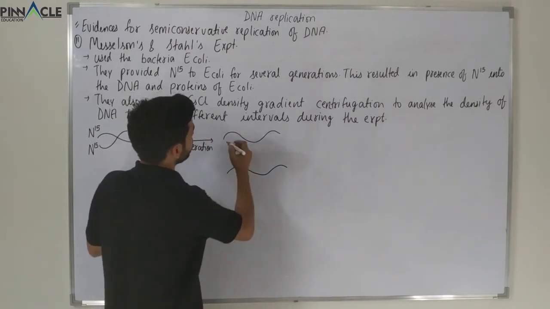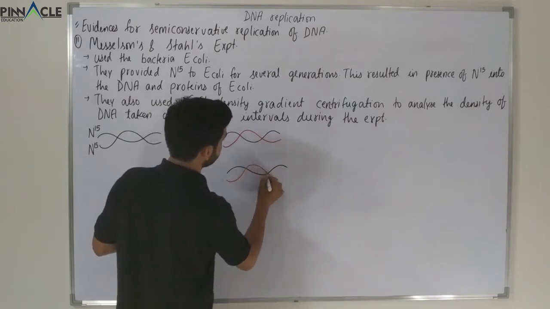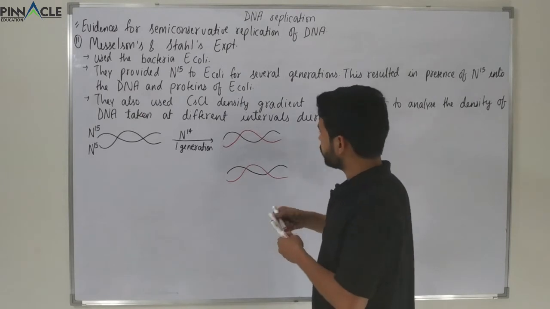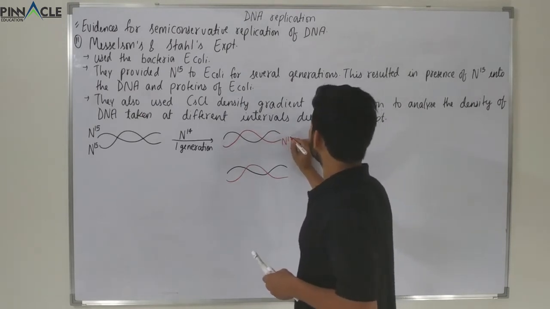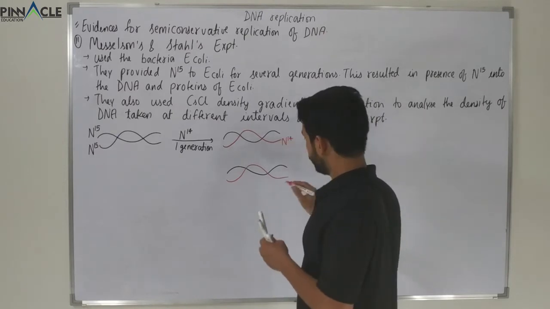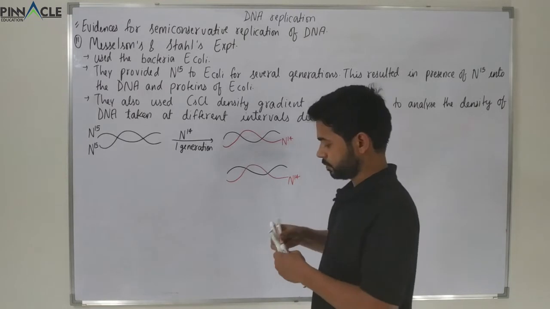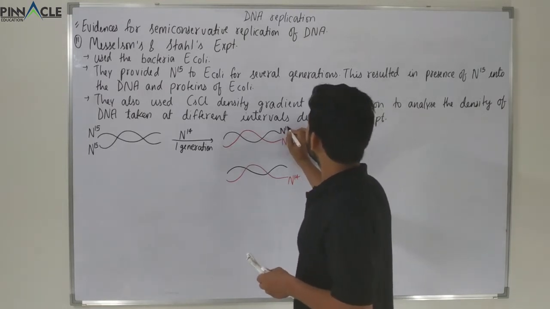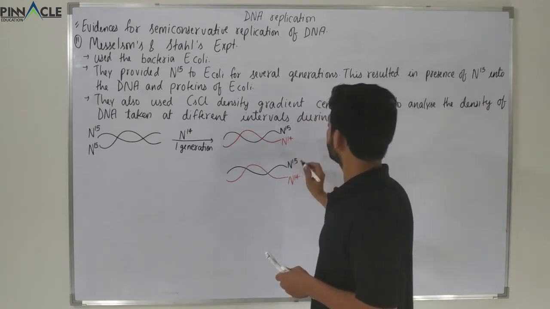So we are labeling the new strand with red color. The black one, that is the previous strand, was N15 and the new one became N14. So here also it became N14, and the previous strand still contained N15.